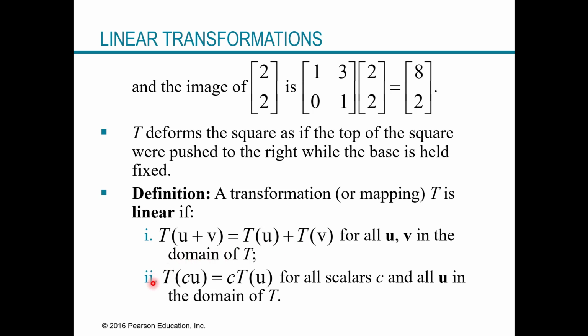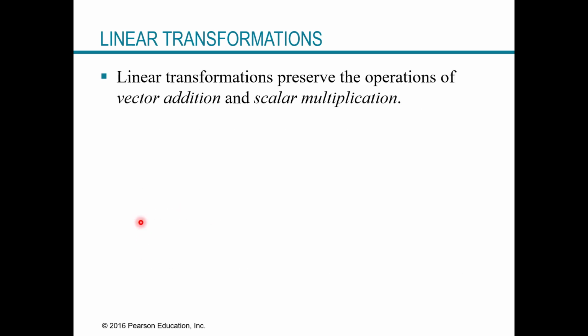Okay, and then fact 2, if you have C times U, and then you transform that, it's the same result as if you transformed U and then multiplied by C. So if both of these facts are true, your transformation is by definition called linear.